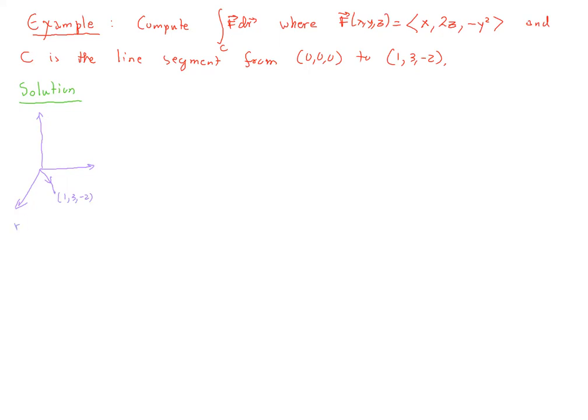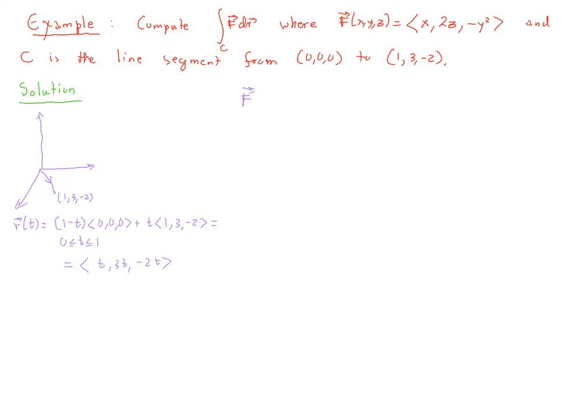The parameterization will be 1 minus t times the first point 0, 0, 0 in vector form plus t times 1, 3, -2. So again, the point vectorized, and this will be for t between 0 and 1. Certainly we can slightly simplify this and write it as t, 3t, -2t.